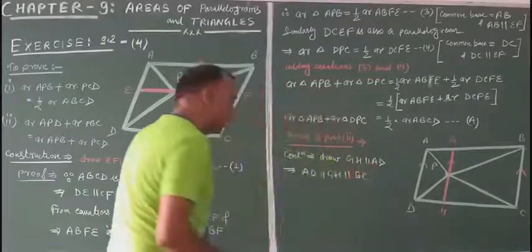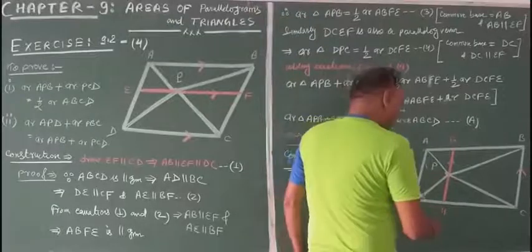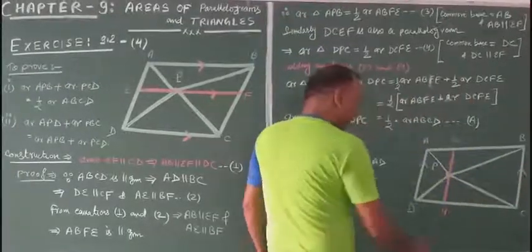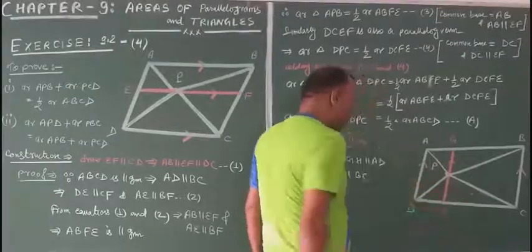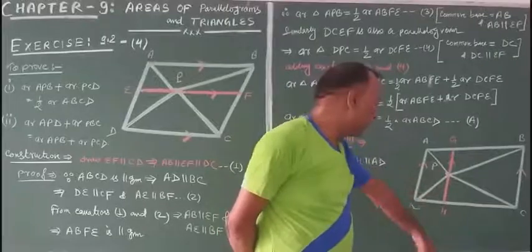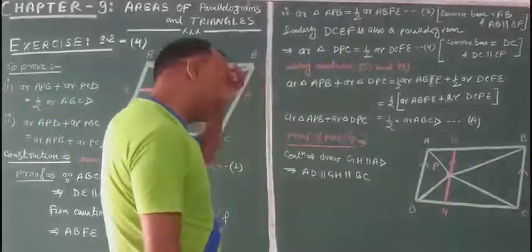All these three lines will be parallel. Okay, because ABCD is a parallelogram, therefore this line is parallel to this and this AD is parallel to GH. Therefore, all these three lines AD, GH and BC will be parallel to each other.